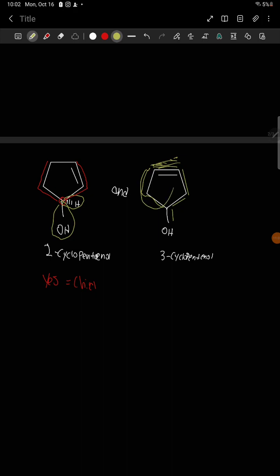This side and that side are the same. That means it cannot be chiral. It is achiral. Alright, this one is chiral. Chiral and achiral are opposites, so if you remember one, you'll have the other one down.